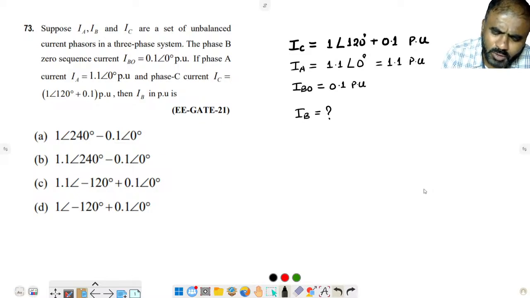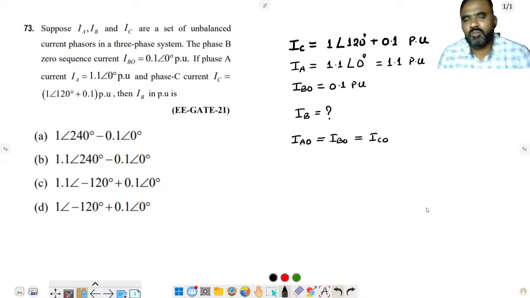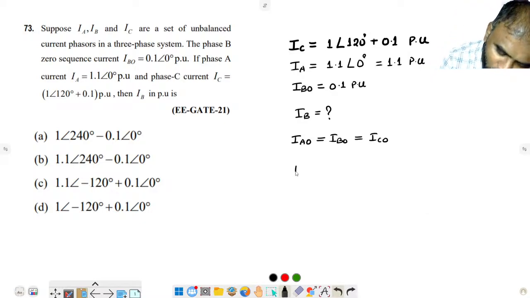But how to evaluate this? Because we know that the first step, IA naught, IB naught, IC naught are the same. The zero sequence currents are the same in all phases. And we know the formula for IA naught also.